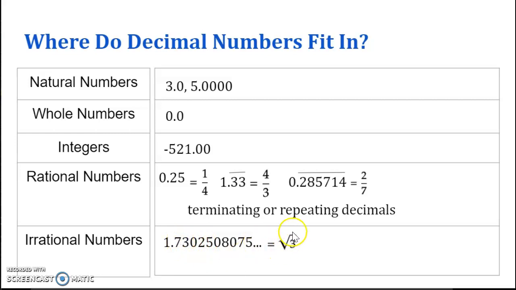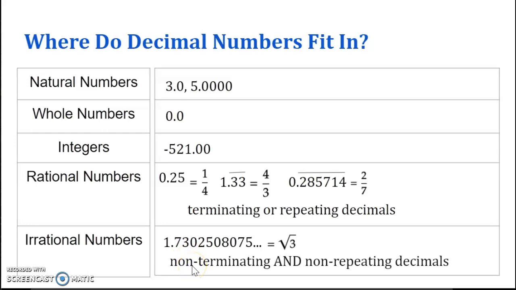While square root of 3 is the exact value, 1.73 is an approximate value. Even 1.73025080075, even though it has many digits, is still an approximate value, because there are many more digits that tell you it's not exactly that. So it's a decimal number that goes on forever and cannot be represented as a fraction. Therefore it's a non-terminating and non-repeating decimal.